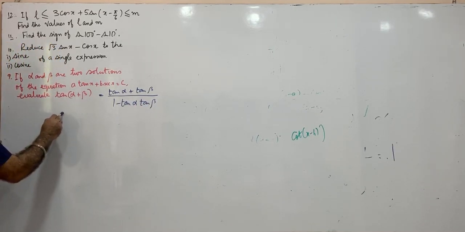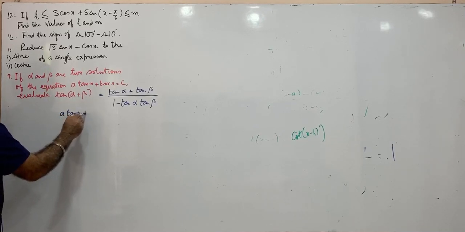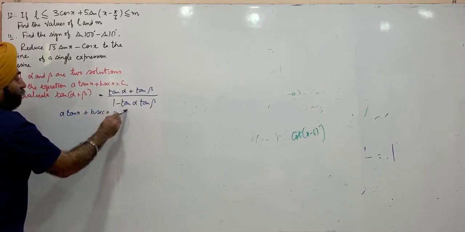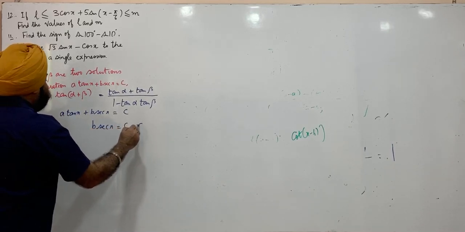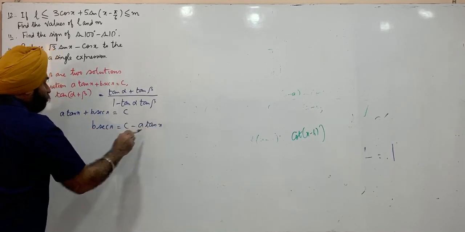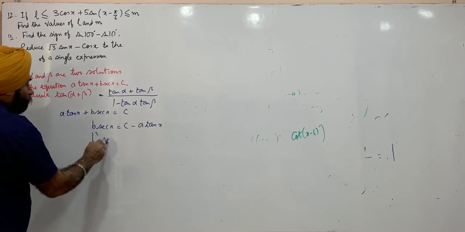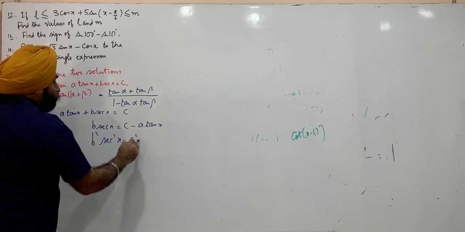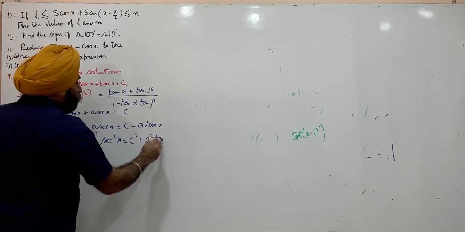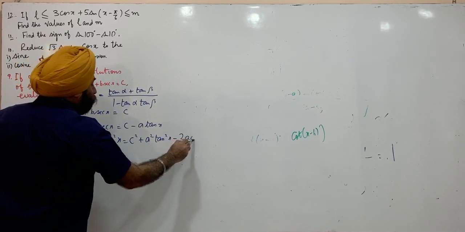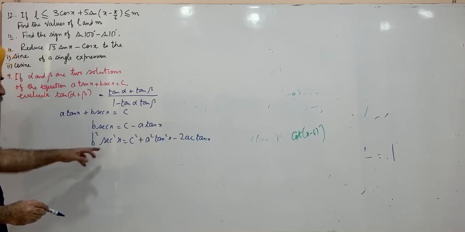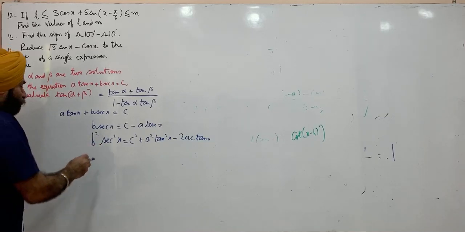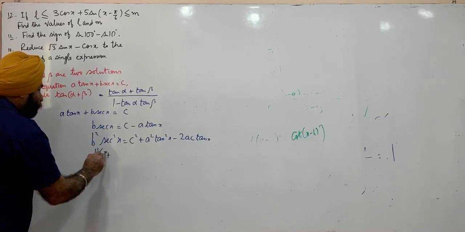Using this equation, a tan x plus b secant x is equal to c, we write b secant x as c minus a into tan x, squaring both sides. This is c square plus a square tan square of x minus 2ac into tan x. We can change secant square of x to 1 plus tan square of x.